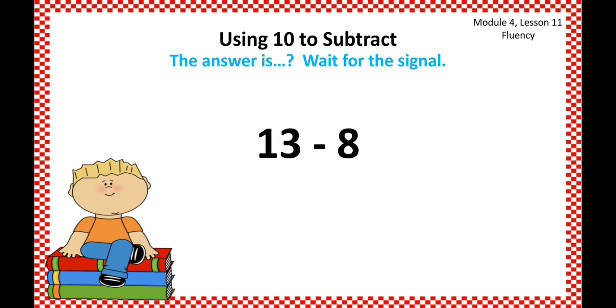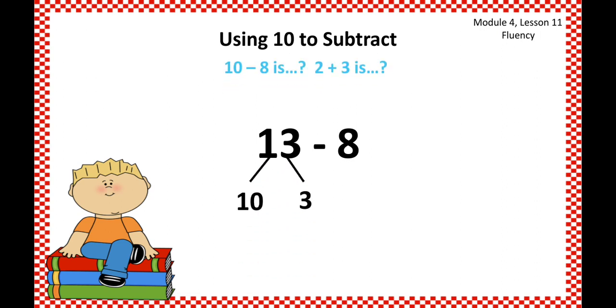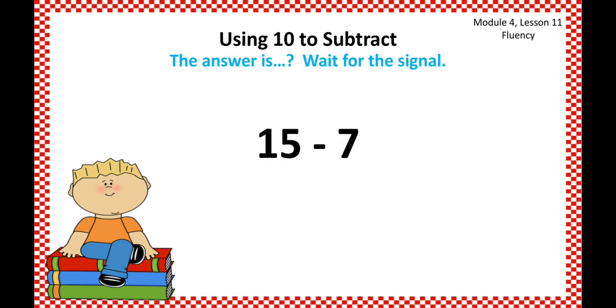Alright, next one is 13 minus 8. We are going to break the 13 down the way we did before. 13 has broken down into 10 and 3. So we now have 10 minus 8. 10 minus 8 is 2. Now the 2 plus 3 is 5. 15 minus 7.